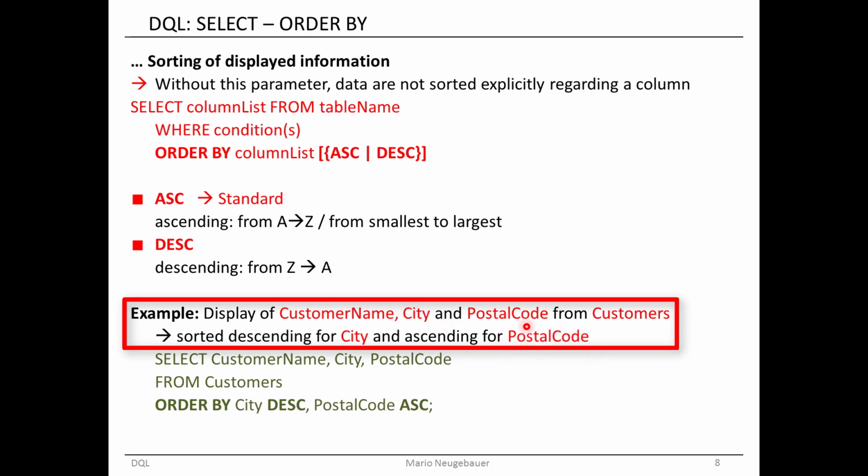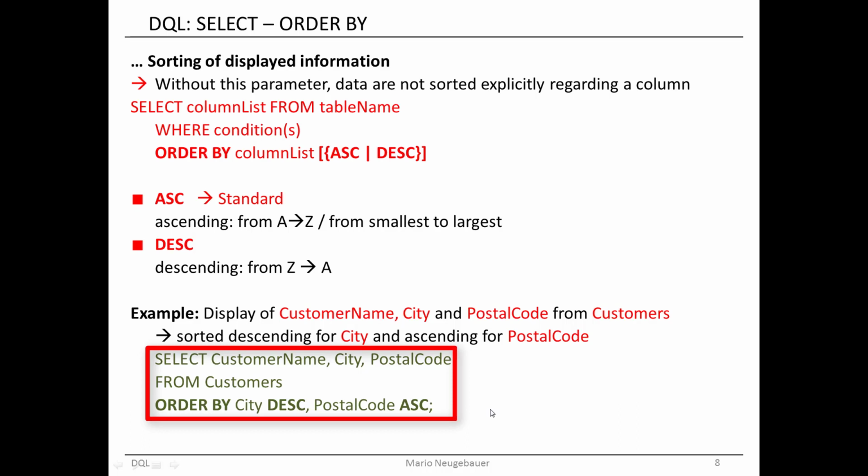So both columns are selected in the result, and both columns should be sorted in a certain way. Descending for the city means that we have first the cities with Z, then with the other letters, and for the postal code we want to make it ascending. It means we start with the smaller postal codes.